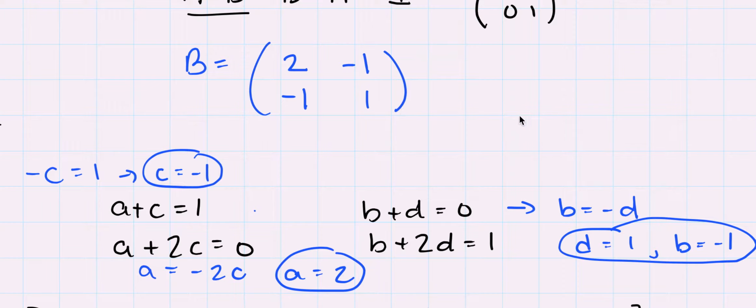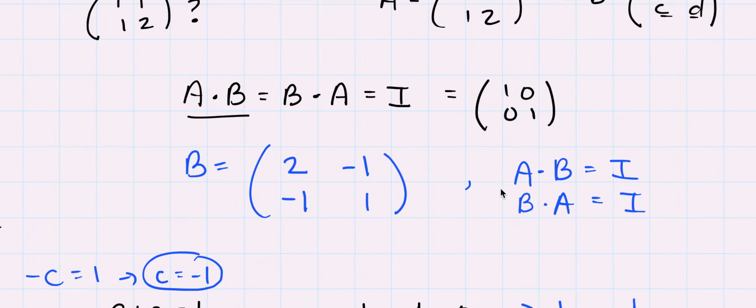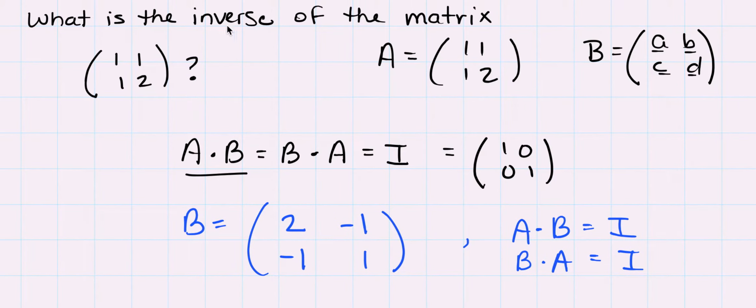And you can double check this. You can see that A times B will be the 2 by 2 identity matrix. And you really only have to check the right-sided inverse because you'll get this one for free. But you can check that one as well. So this is one way to find the inverse of this matrix here. We're going to talk about a different way a little bit later on.